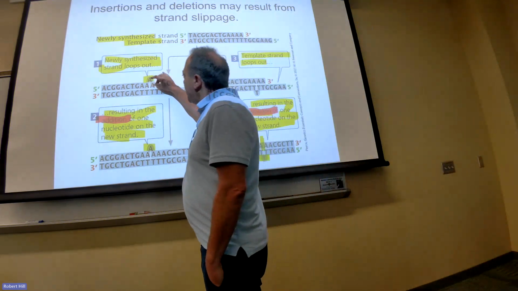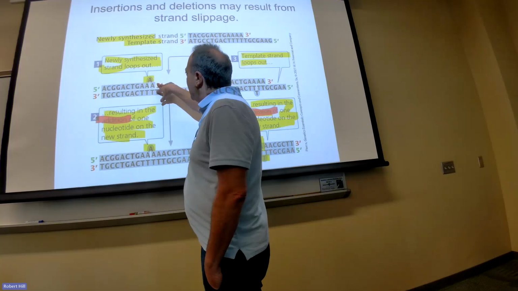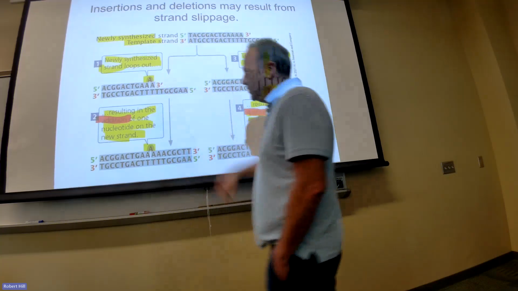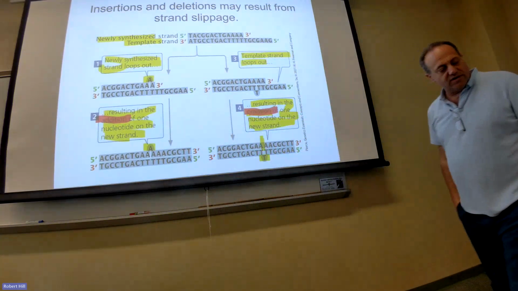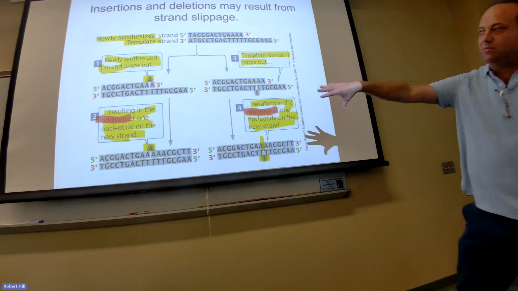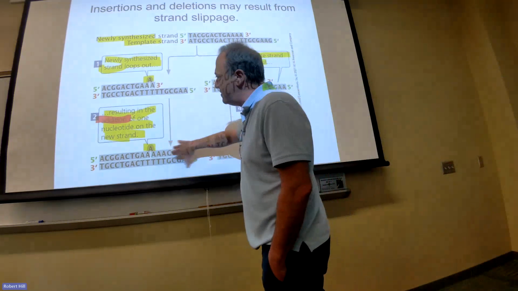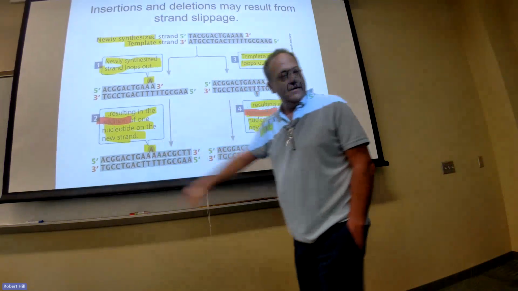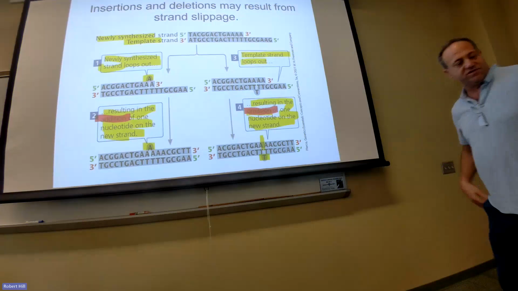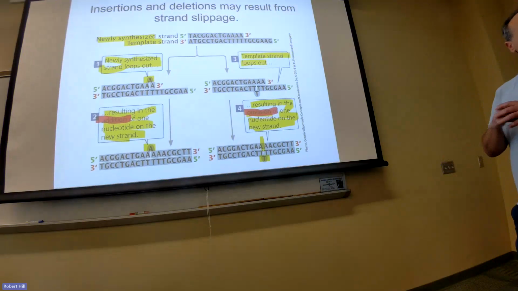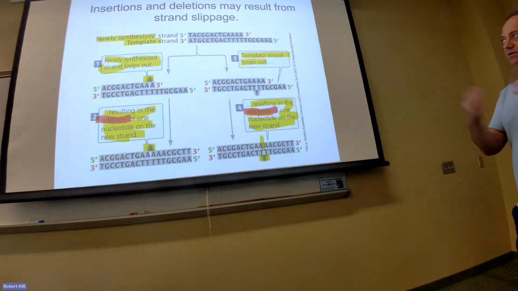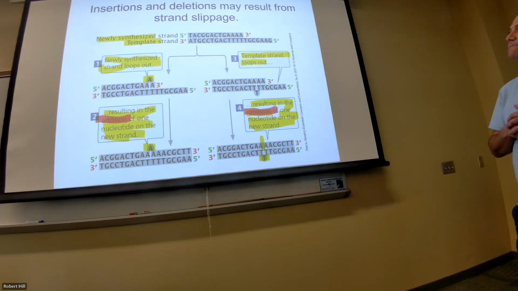When it comes back together, it can loop and leave an area that's not fulfilled. Then polymerase will come in and finish the sequence, and you've added a nucleotide. That's what the slippage is talking about. One of the strands is looping out and slipping. So that shows you what's happening on the newly synthesized strand.